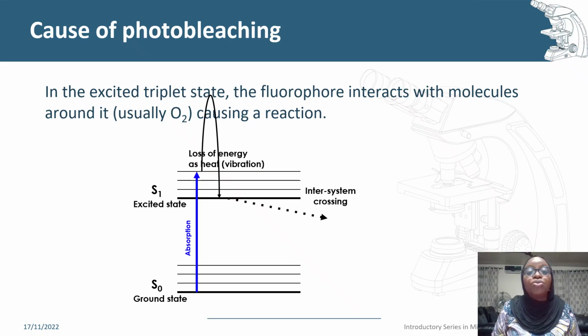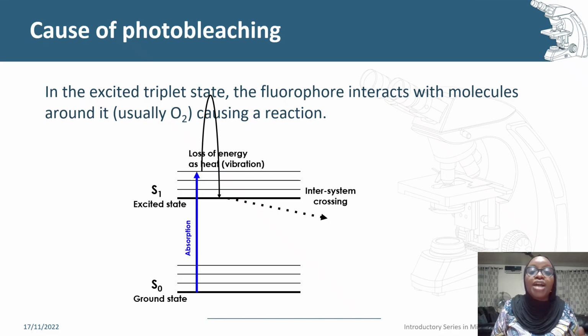The molecule is chemically changed and the electron is now lost. Thus, the fluorescent molecule can no longer be excited, and that is what is referred to as photobleaching. That is, photobleaching has occurred.